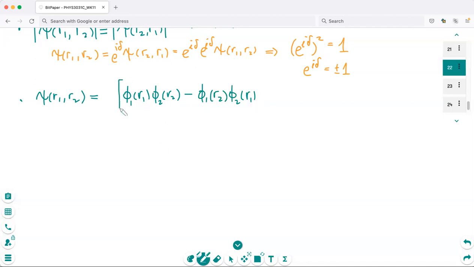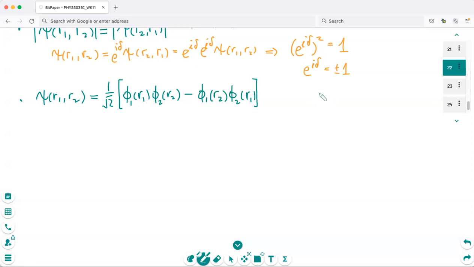Okay, so let's check. Now you can put the normalization. Let's do it. So here, each of them, if you swap, obviously because of this minus sign here, once you swap, you get the minus sign. Okay, so this is a correct way to do it.